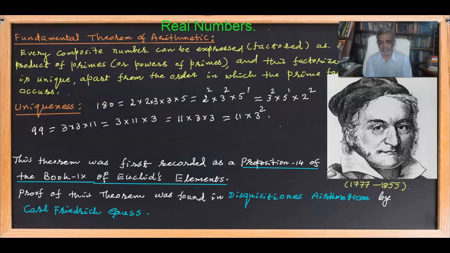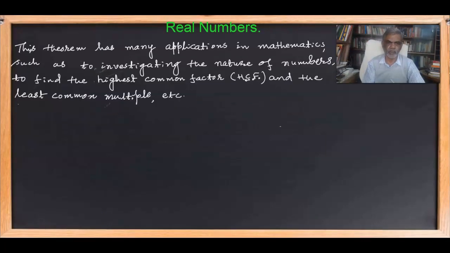The proof of this theorem was found in Disquisitiones Arithmeticae by Carl Friedrich Gauss, who lived between 1777 and 1855. This theorem has many applications in mathematics, such as to investigate the nature of numbers and to find the highest common factor and the least common multiple, etc.